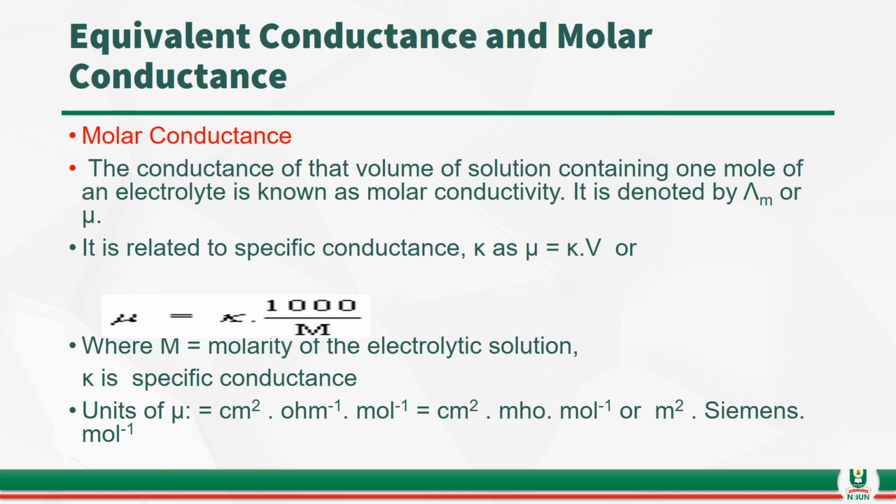It is related to the specific conductance K as mu equal to K multiplied by V, where M is the molarity of the electrolytic solution, K is the specific conductance with units in meter square Siemens per mole.